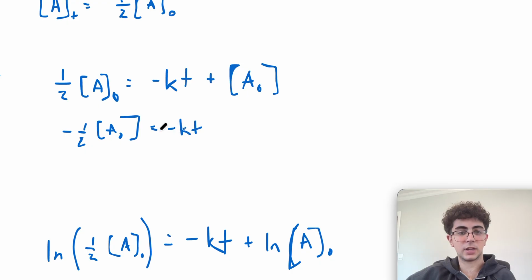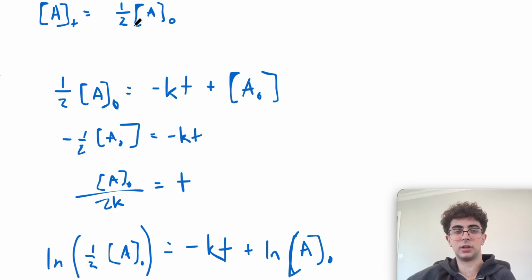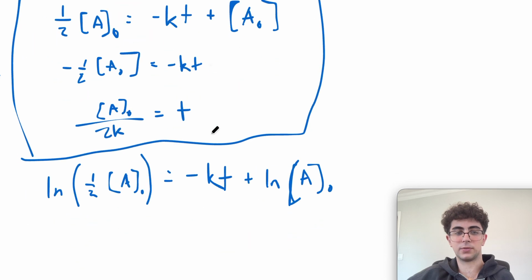Then if we divide by negative k on both sides, we'll get A0 over 2k equals t. So all you do to derive the half-life is set A of t equal to 1/2 A naught, and then solve for t. So that's our half-life of 0th order.